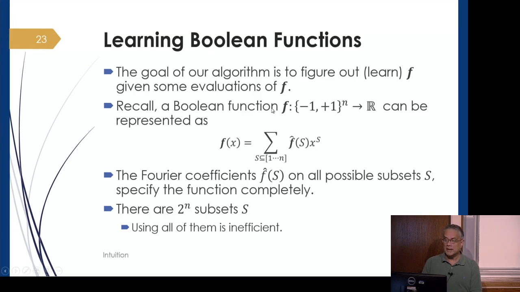The way we defined the Boolean function and wrote its representation through its Fourier spectrum is: the function f has terms f hat, which are the Fourier coefficients, applied to different subsets of the actual set. So x sup S, we already remember the terminology. I won't repeat it now.